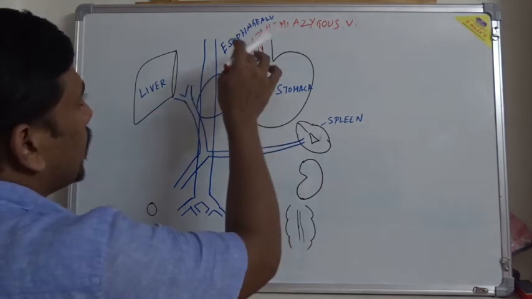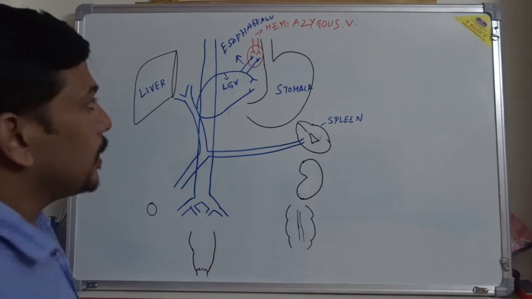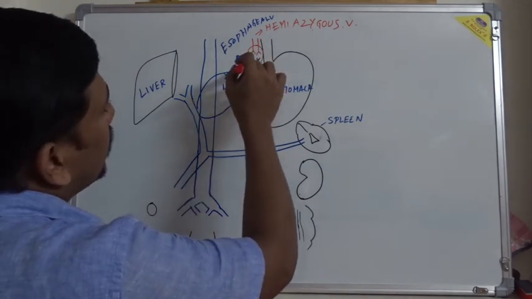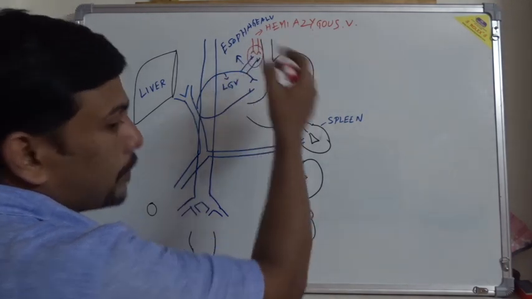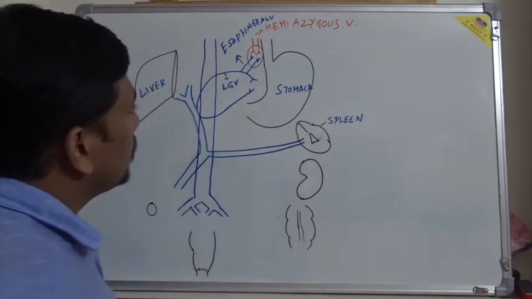By nature their caliber is very small, very narrow, but they are trying to accommodate the blood which is supposed to travel through the portal vein.